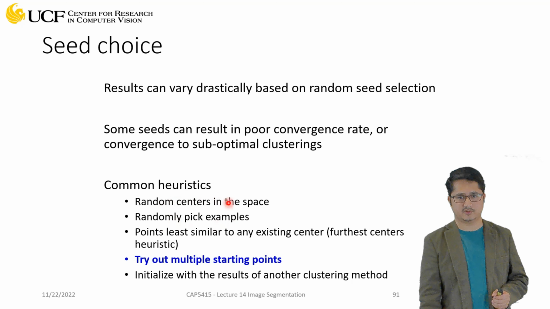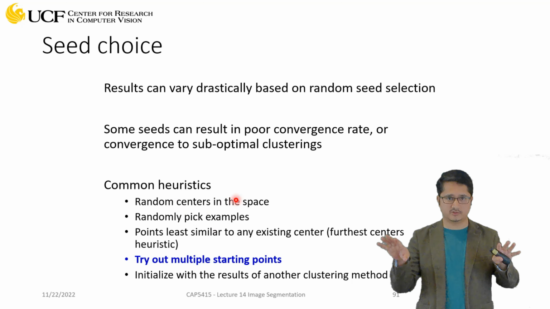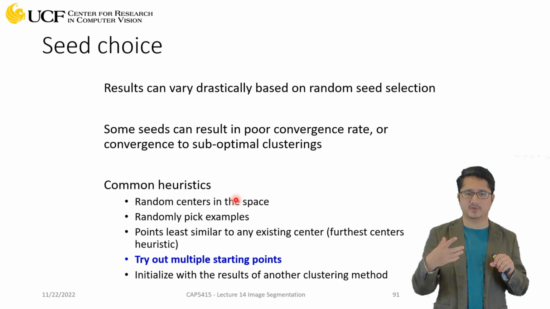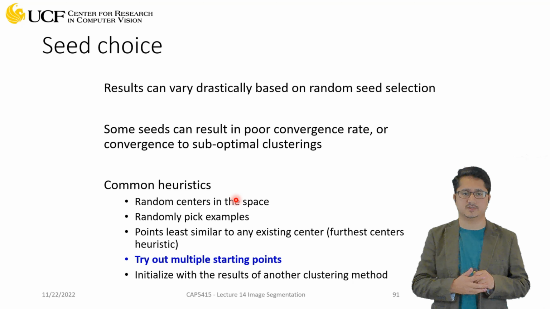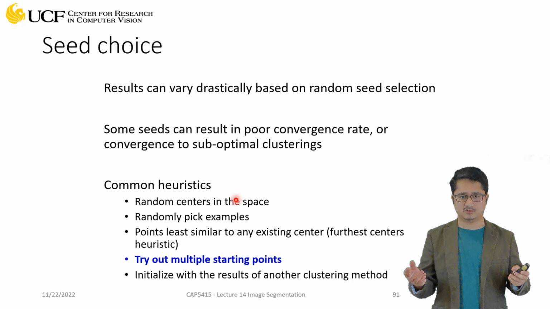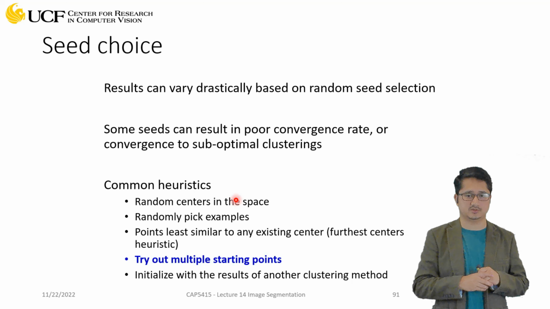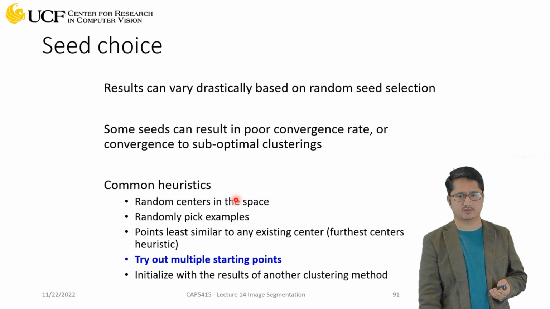This is interesting: you can divide your Euclidean space into different segments, right? And then make sure that whenever you choose your center, it belongs to one of those segments. That way you are making sure that your centers are spread out equally within your data points, right? So that's a good heuristic which can be used sometimes.